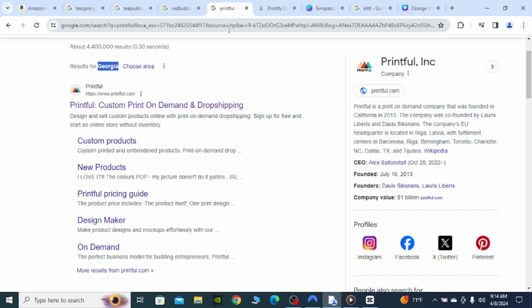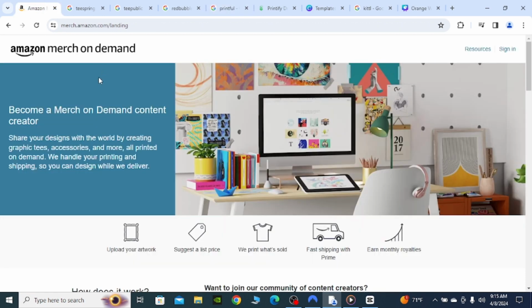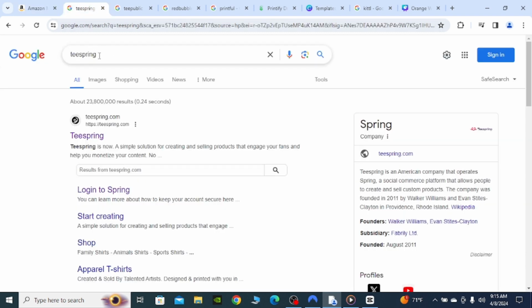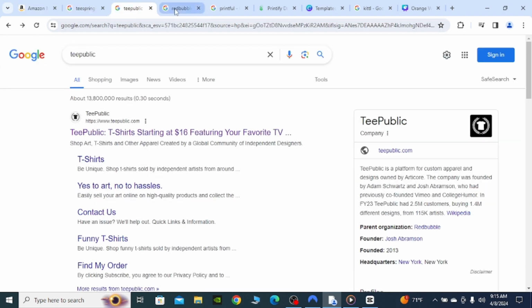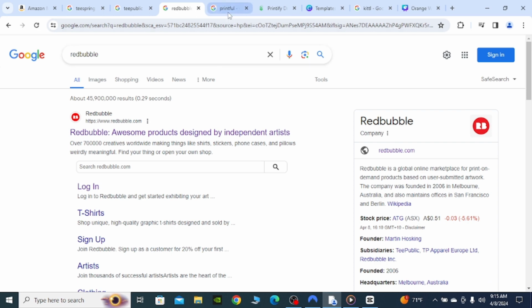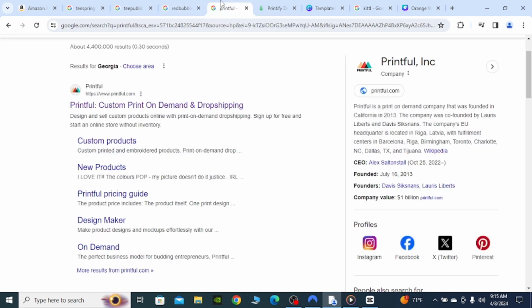But the best thing is, if you join this kind of website and upload your design, or do the design within the website, you can establish your own brand. The others are already established brands like Amazon, Teespring, TeePublic, and Redbubble, and you can do the design and upload it, but you cannot build your own brand. It's difficult. But here it's not like that.